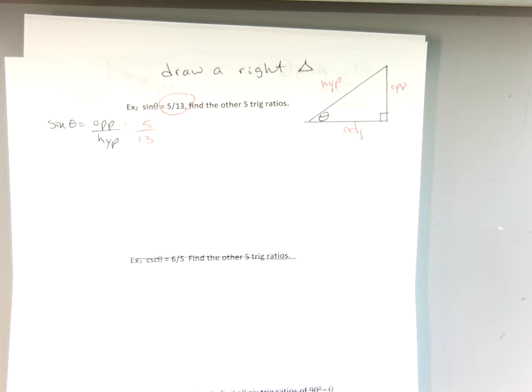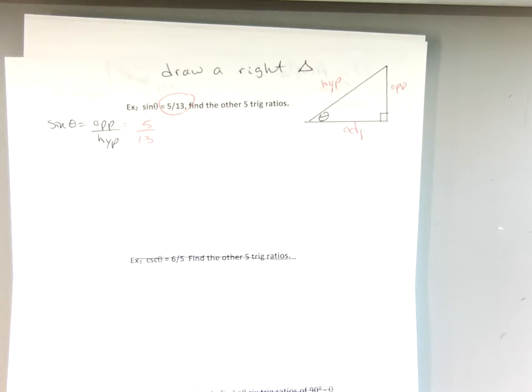Really good question, because if theta is there, then that's the opposite, and I'll put the 5 there and the 13 here. Good question. It won't change our answer at all.